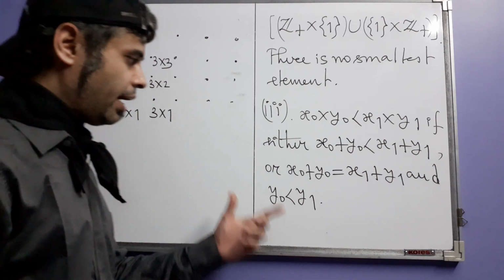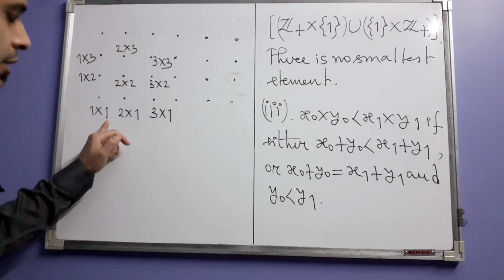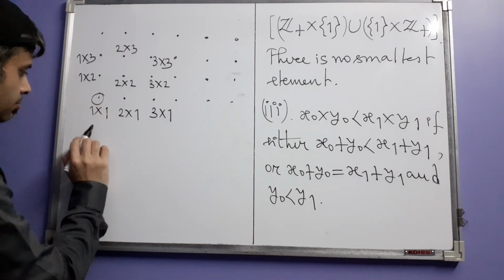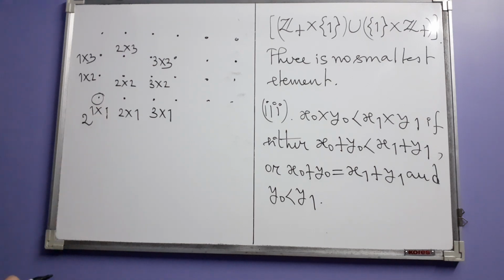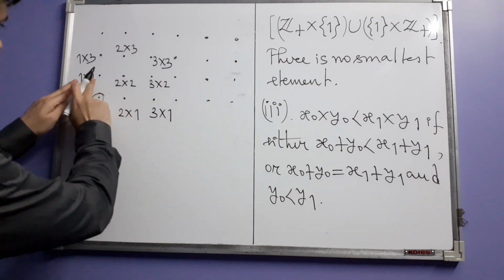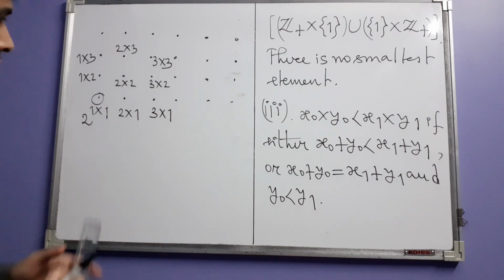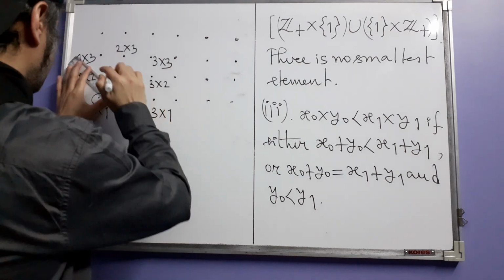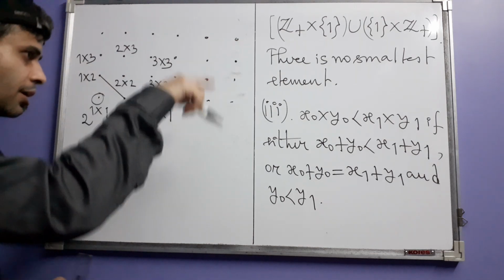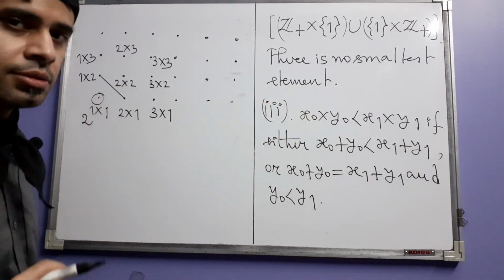Okay, so we have to add the coordinates now. The sum of the coordinates of this point is 2. So let me simply write 2. The sum of the coordinates of this point as well as this point, both equal 3. So we can draw a line here. Unlike those lines in dictionary order and that other order, this is a line segment, it's bounded.